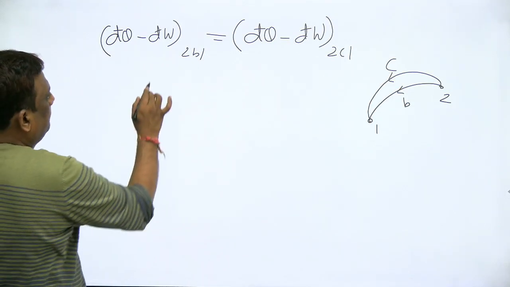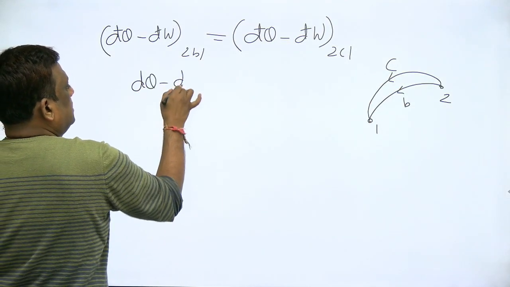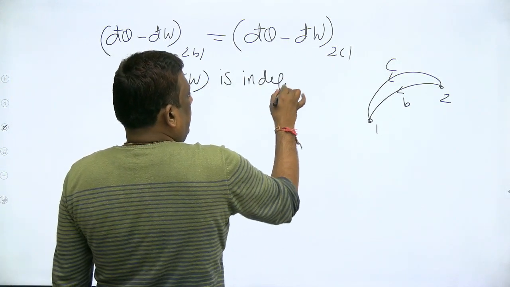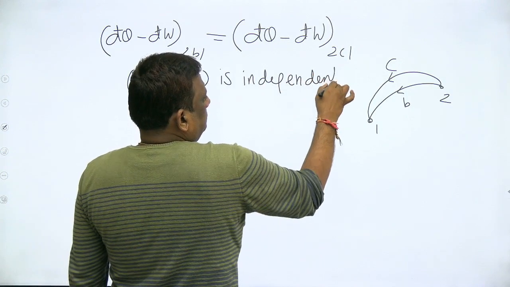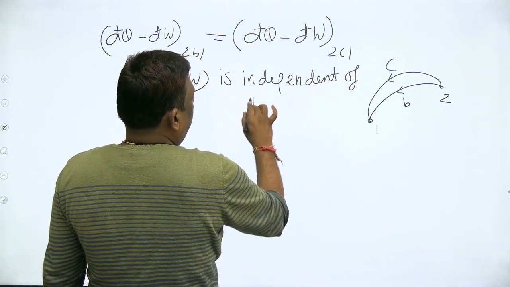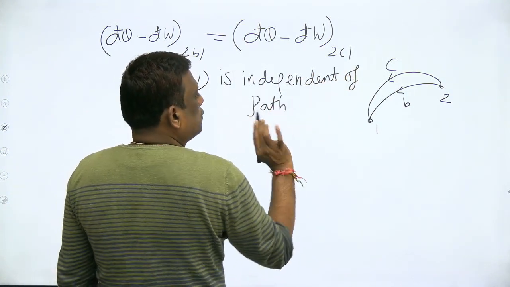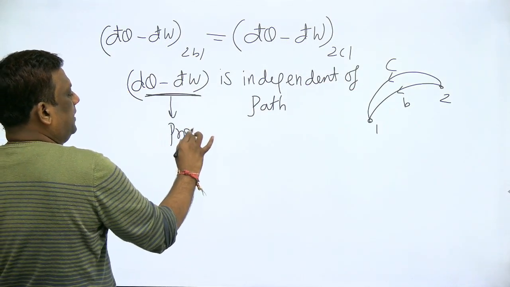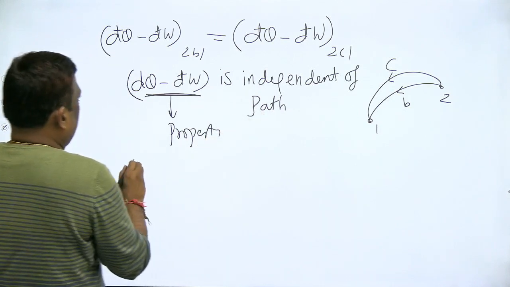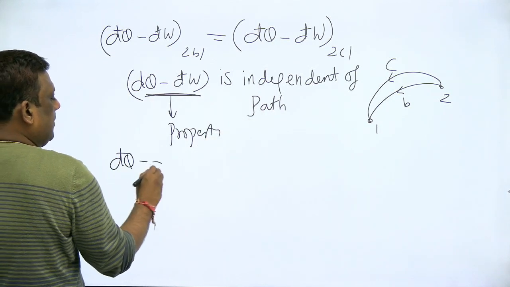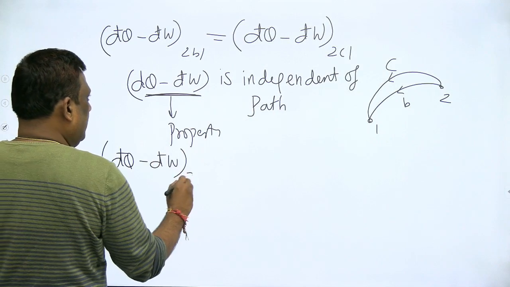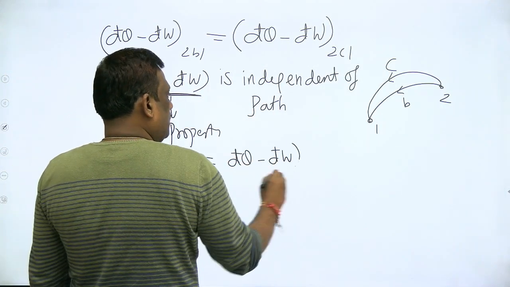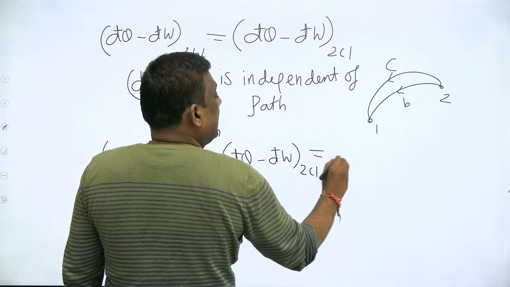This quantity d dash q minus d dash w is independent of path, depends only on endpoints. Hence this quantity must be a property, and we call it energy. So now I write d dash q minus d dash w for 2b1 is equal to d dash q minus d dash w for 2c1, and let me write it as dE.